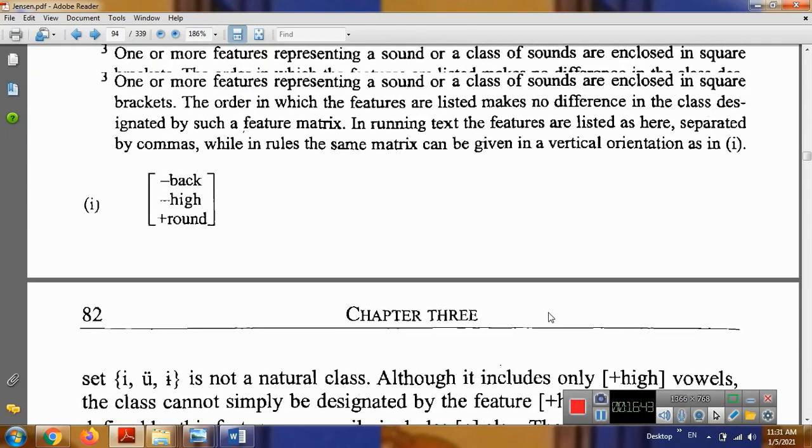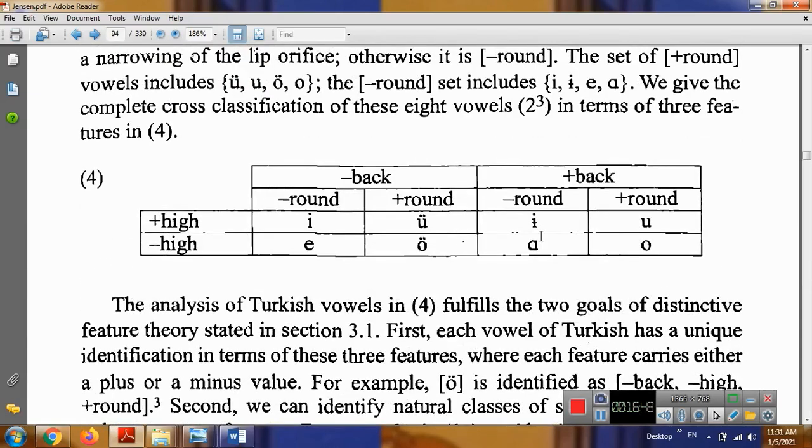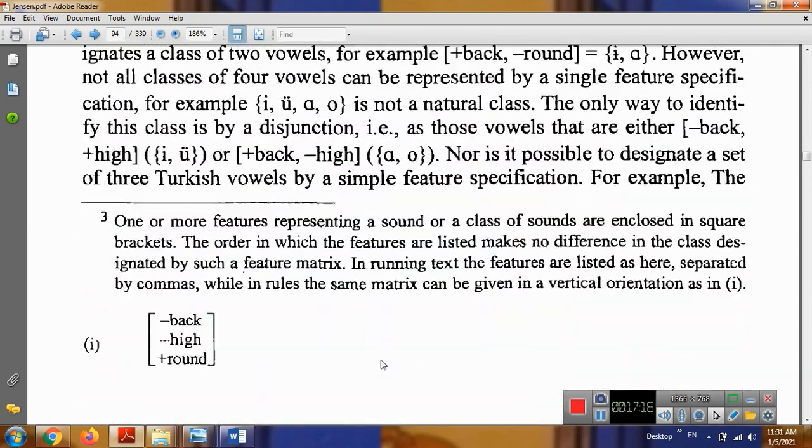The shared feature between these four vowels, e, a, u, o, is that they are plus back. Therefore, when we have a plus back vowel in the root form of the word, we choose the lar suffix.